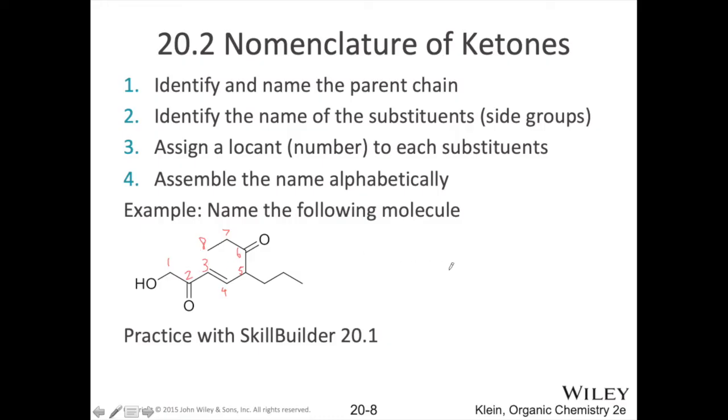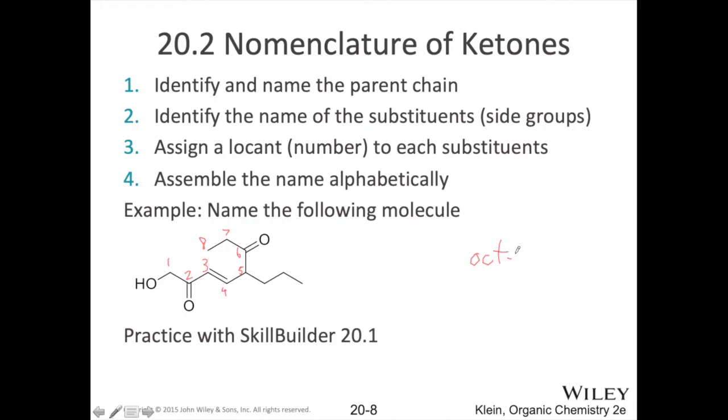There are 8 carbons, so ordinarily that'd be octane, but now because of the alkene, we've got octene. This is a situation where it might make sense to put the locant in the middle of the name, so we know that the locant applies to the ene part of the name. It applies to the alkene here that's at the number 3 position.